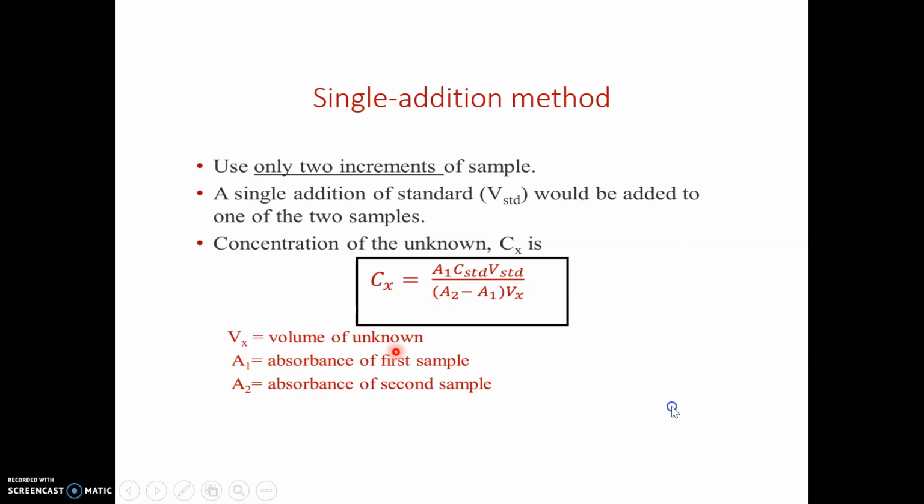Vx is the volume of unknown, which is the same for both flasks. A1 and A2 are the absorbances of the first and second flask. The first flask contains only real sample. The second flask contains real sample plus the standard solution.